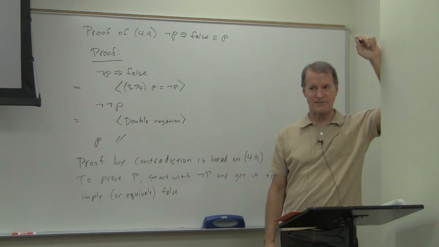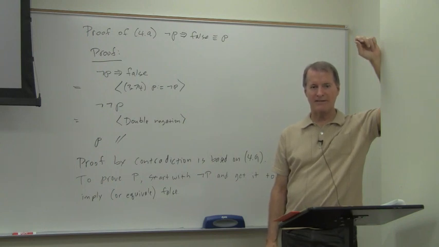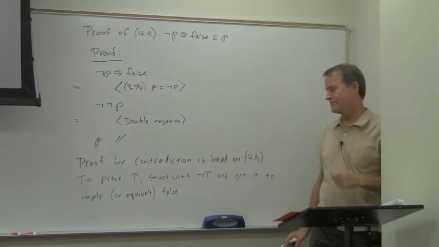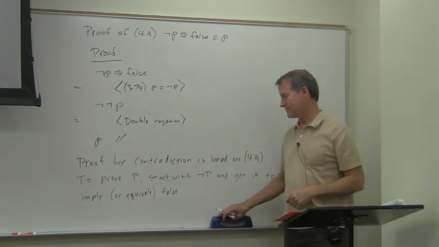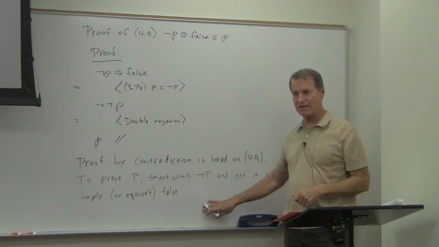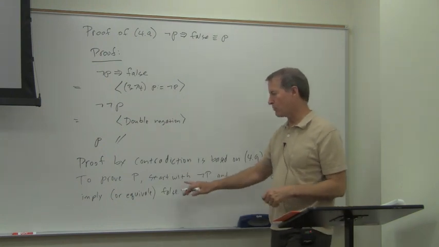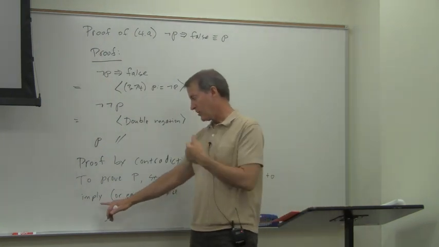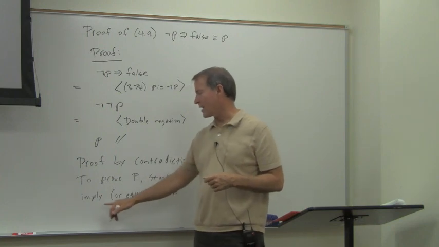Do the strengthening here: P implies Q and Q implies P implies, by strengthening, P implies Q. So when you do equivalence, it's the same thing. Is everybody clear on that? So when you do proof by contradiction, if you get it to equivalent, you've gotten it to imply anyway.